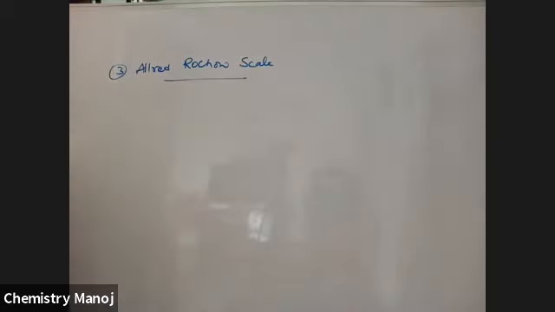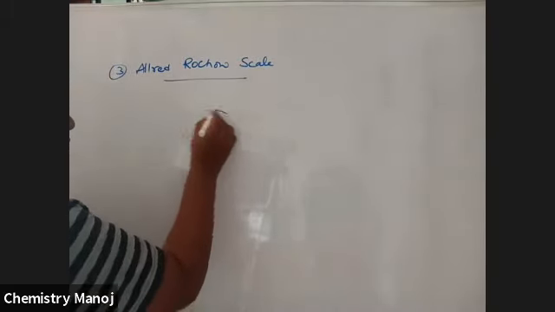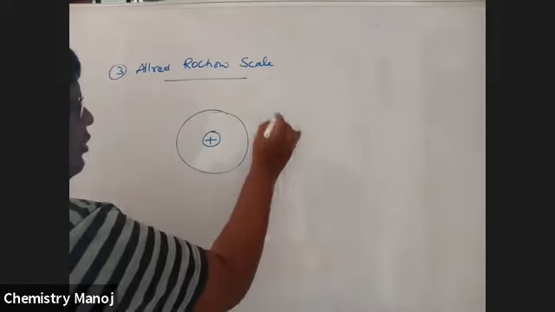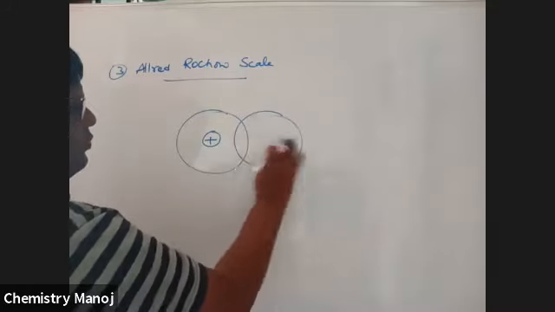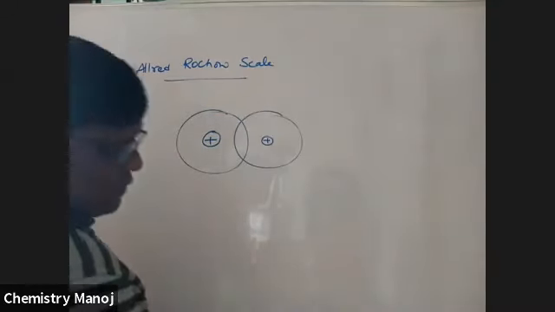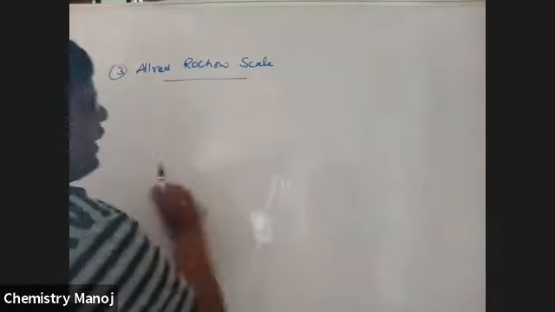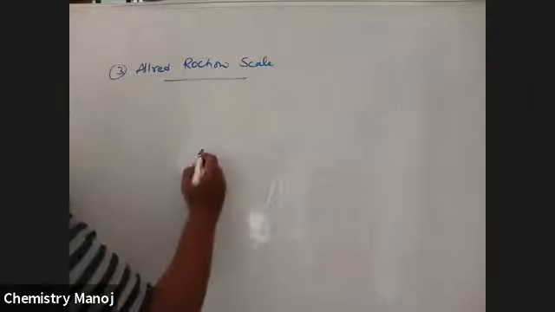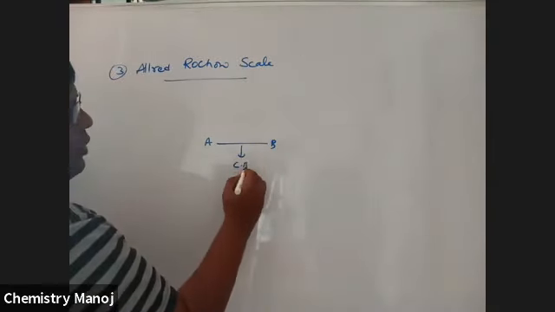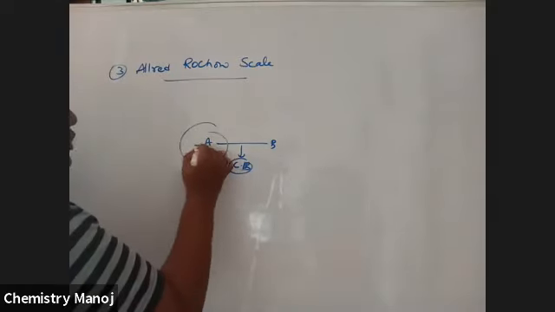Once again, this is the bonded atom, this is the nucleus. This is another bonded atom, and this is its nucleus. Now, see here. There is a covalent bond between these two atoms. Let us take A and B. Here is a covalent bond between A and B.